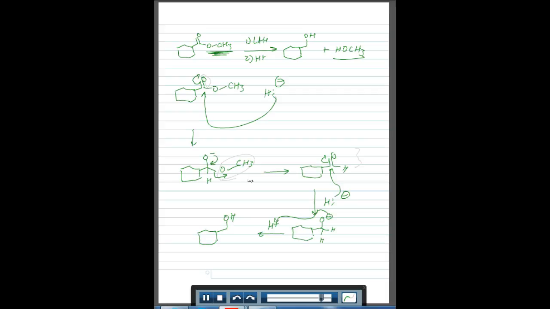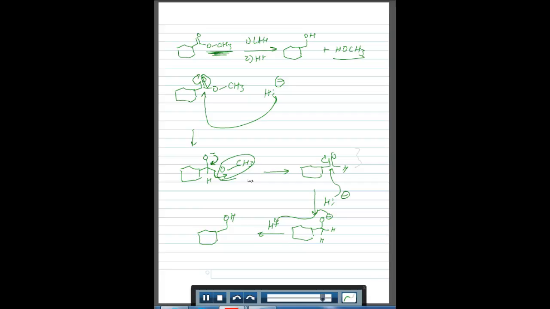All right, so here's the mechanism. You can see that the hydride comes in, attacks the carbonyl on your ester, kicks up the pi bond, just like before. Your O negative forms, that pops back down and kicks out your OCH3. That's where your methanol is going to come from.